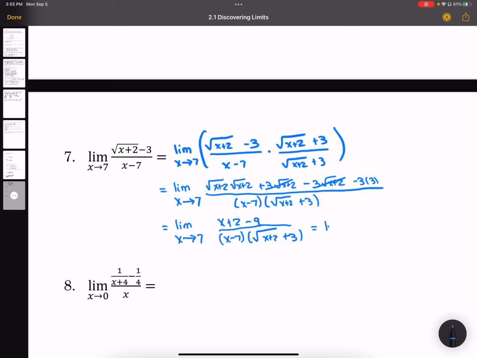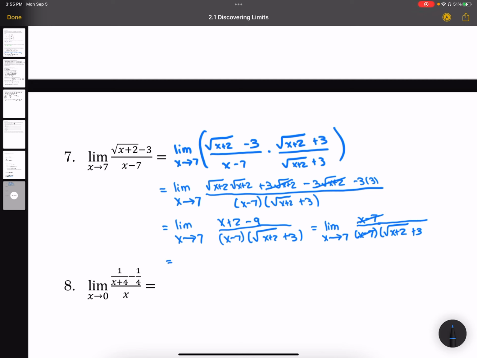And that is the limit as x approaches 7 of x minus 7 divided by x minus 7 times the square root of x plus 2 plus 3. So again, x minus 7 divided by x minus 7 is 1.